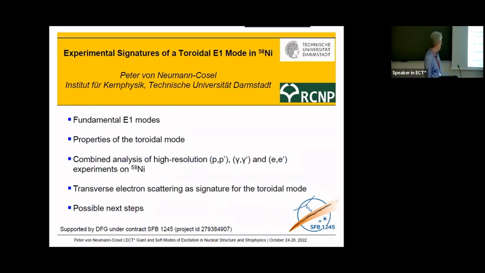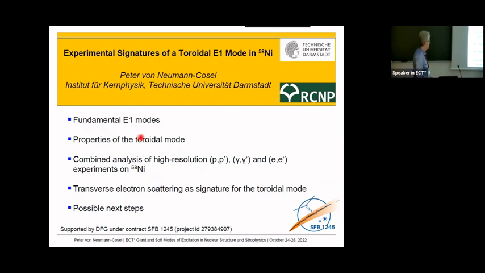So I'll start by briefly reminding you of properties of fundamental electric dipole modes. We heard a lot about that yesterday already. Then I want to discuss the specific properties of the toroidal mode, which also explains where the difficulties are.